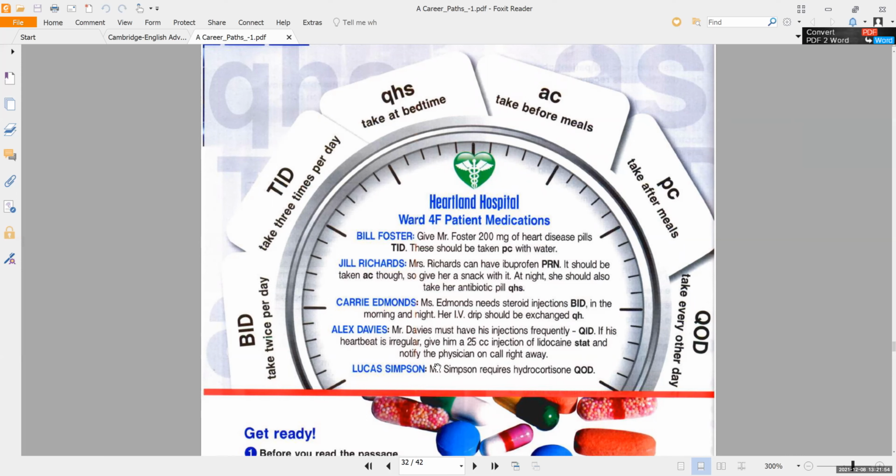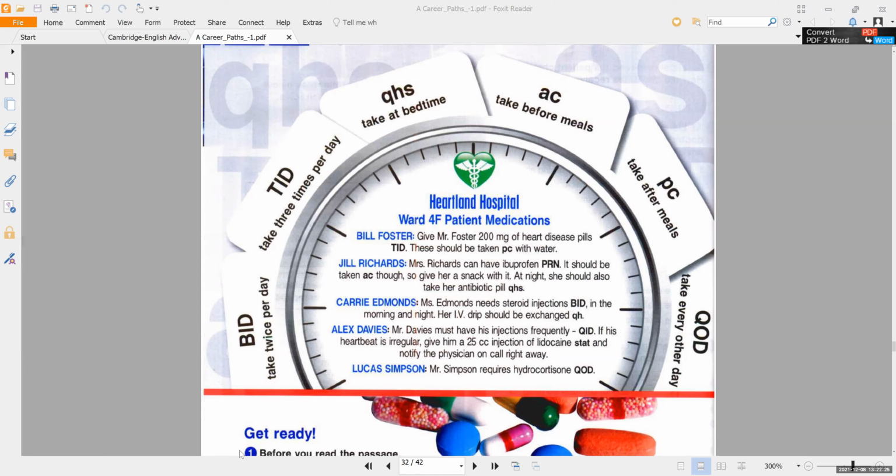So these are the 6 types of frequencies given to patients when they deal with medications. Now we are going to listen to this topic, and then after that we are going to answer the questions in order. Listen, please, and then we are going to listen and check the answers.